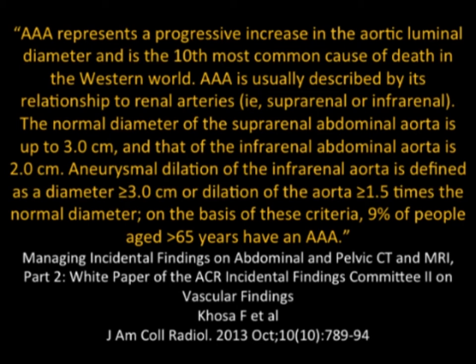Suprarenal, we talk about 3 centimeters. Infrarenal, around 2 centimeters. We talk about aneurysmal dilatation when it's greater than 3 centimeters, or when the aorta is dilated to greater than 1.5 times its normal diameter. When you look at those numbers, about 9 to 10% of people over age 65 in the U.S. will have an abdominal aortic aneurysm.